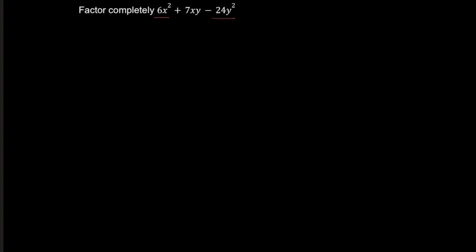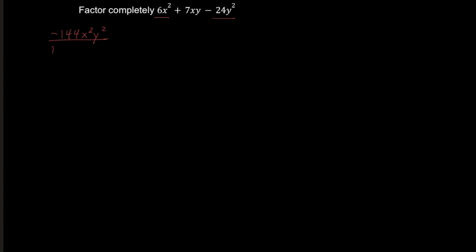Okay, if I multiply first and last, I get negative 144 x squared y squared. We need the combination of factors that will add up to be the middle term, which is 7.